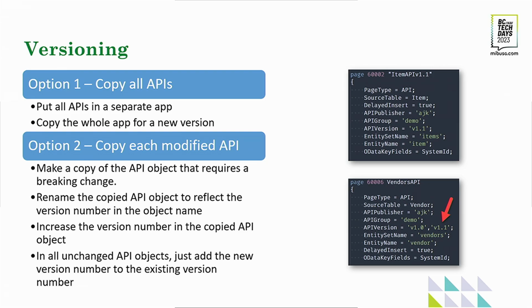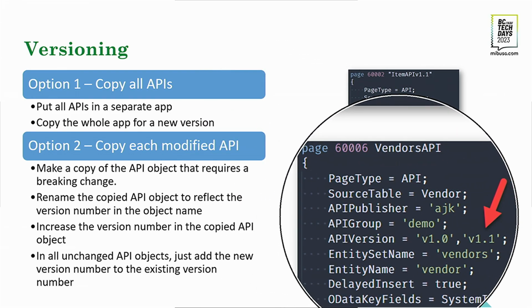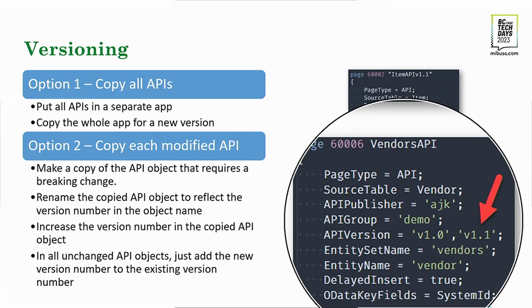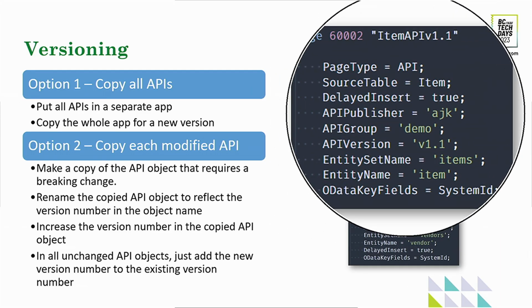That is an option. What is also an option is to let an API be in multiple versions. In that case, in the API that changes, you make a copy of that API, and in that API you say, okay, you are going to be the newer version, v1.1 in this case, but all other APIs stay in v1.0.